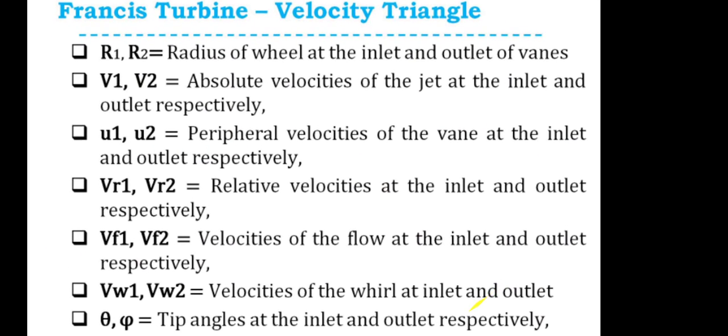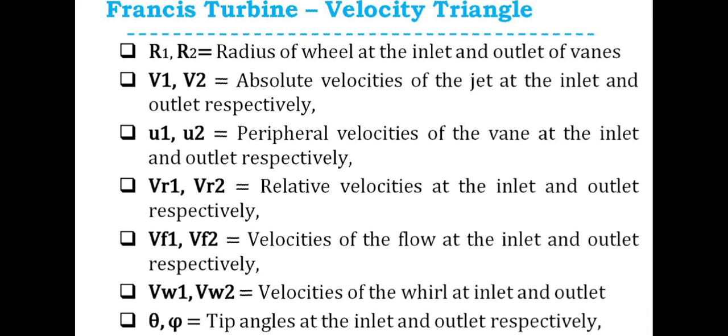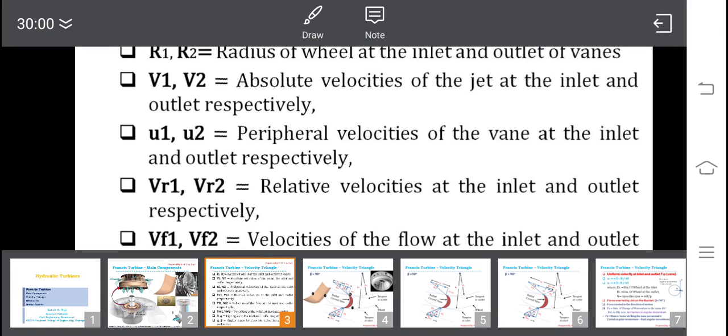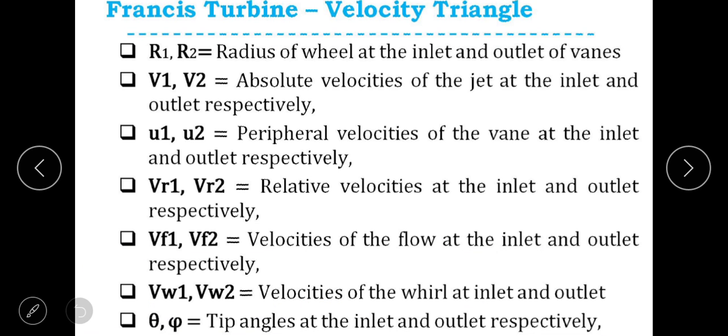Velocity triangle. As in the case of the Pelton wheel, here also let us assume R1 and R2, where suffixes 1 and 2 stand for inlet and outlet respectively. R1, R2 are the radius of the wheel at the inlet and outlet of the vanes.